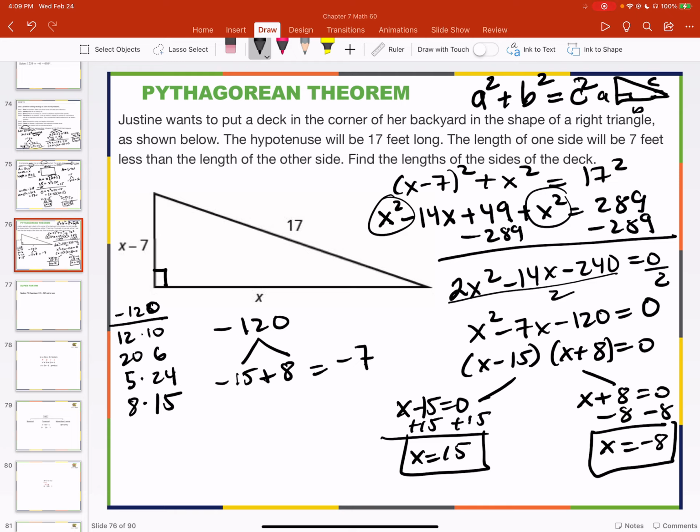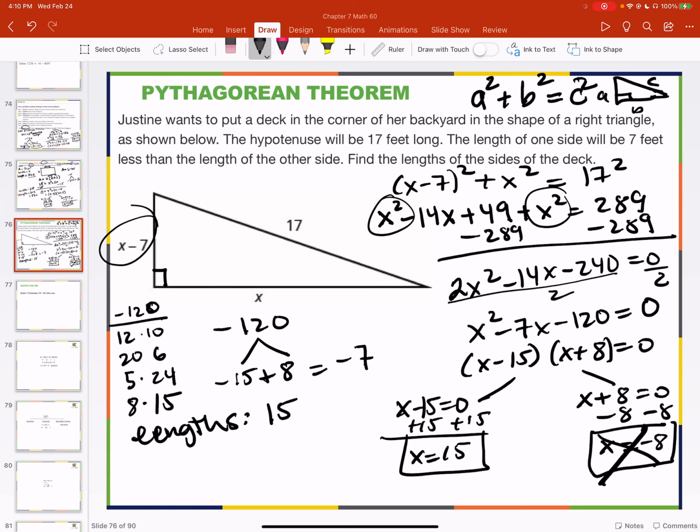When we're talking about real life applications and we're talking about lengths, we can cancel the negative one. And so then we have that the lengths of the sides of the deck: one is 15 and the other one is x minus 7, which is 8. So we have 15 and 8.